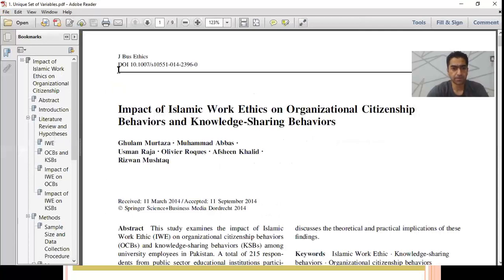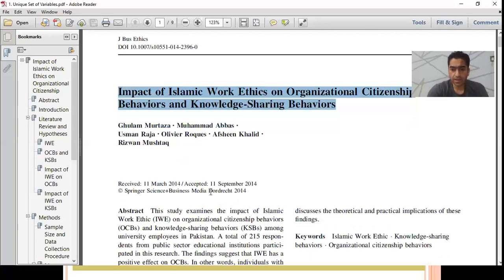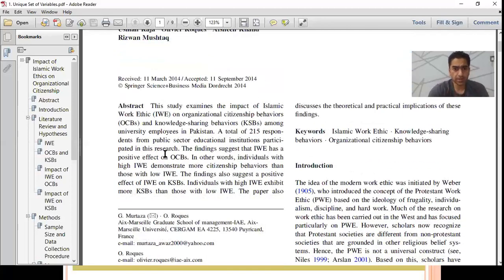Here is a paper. The paper was published in the Journal of Business Ethics. The topic is the impact of Islamic work ethics on organizational citizenship behavior and knowledge sharing behavior. If I go through the abstract, this study examines the impact of Islamic work ethics on organizational citizenship behavior and knowledge sharing behavior among university employees in Pakistan.